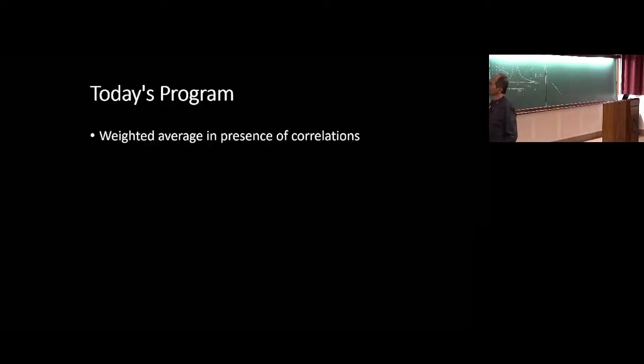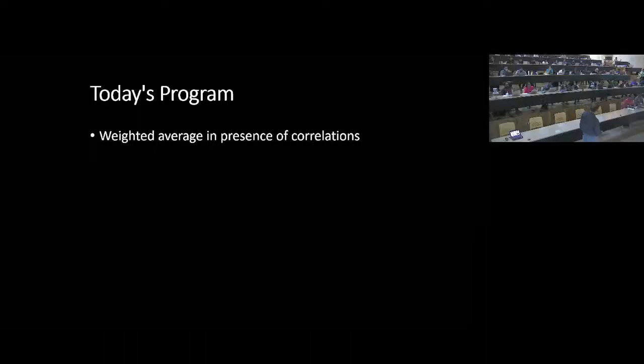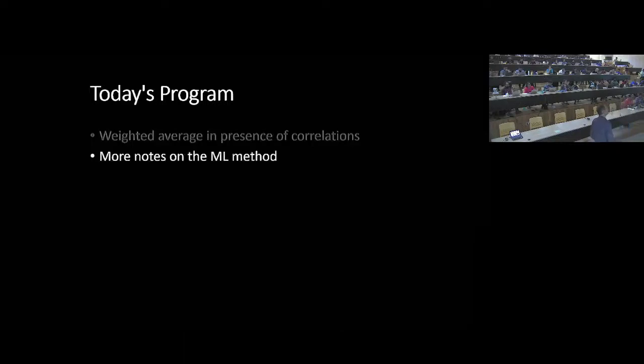So what we will see tomorrow, because we will just start now, is the weighted average in presence of correlations. We will go back to combining two measurements which have different variances, but there is also a correlation between them. And we will see that this makes things very, very difficult, okay?